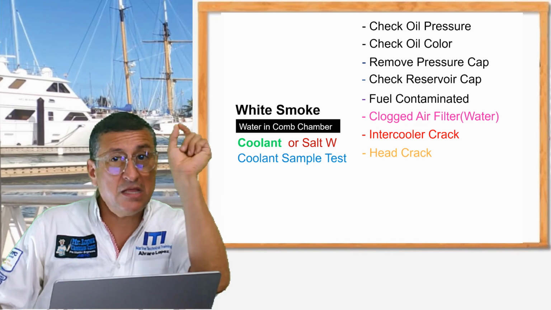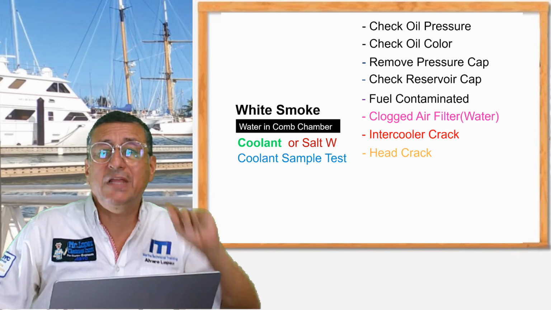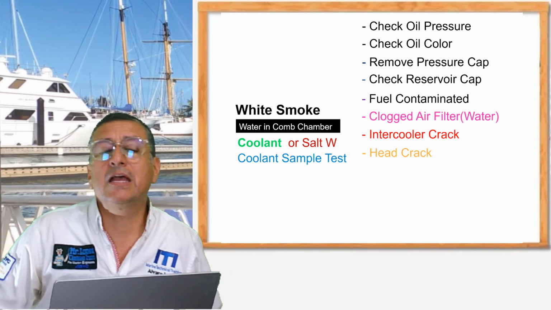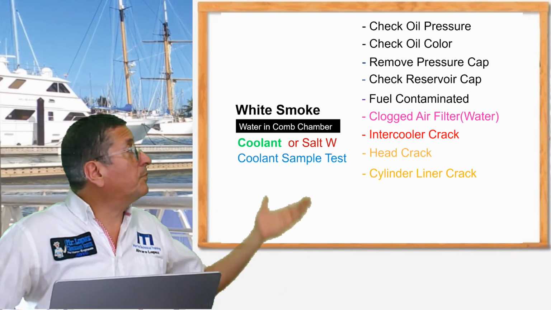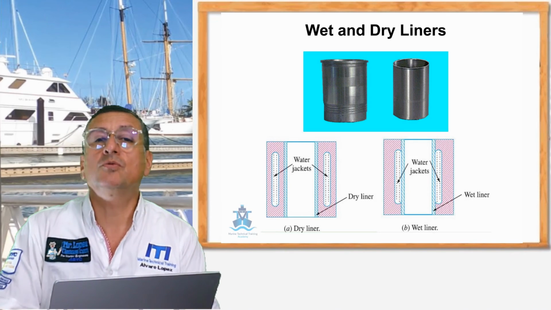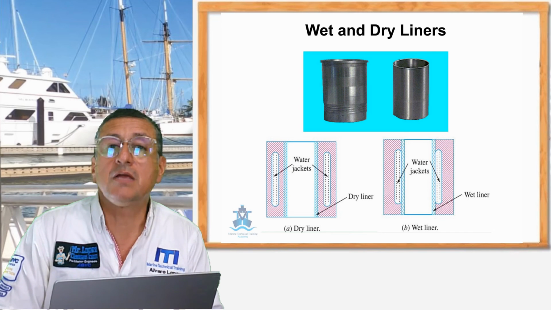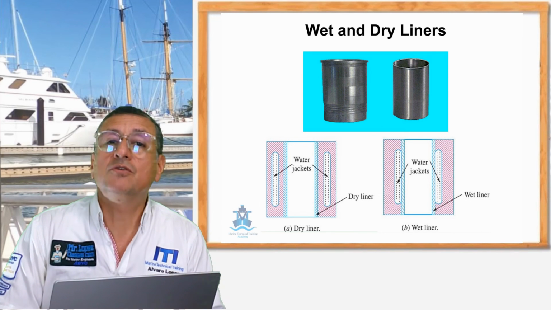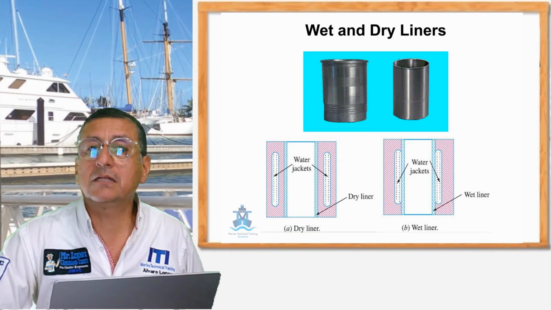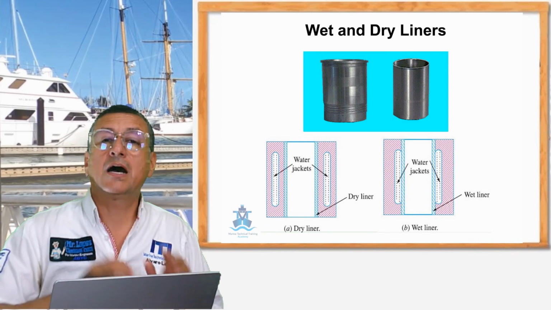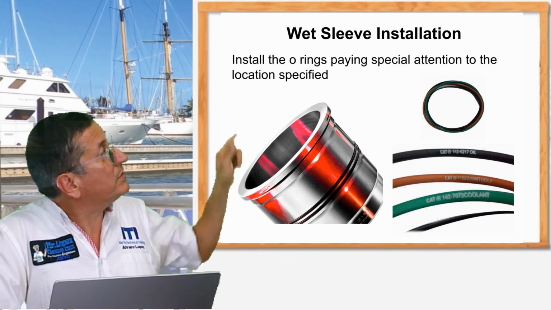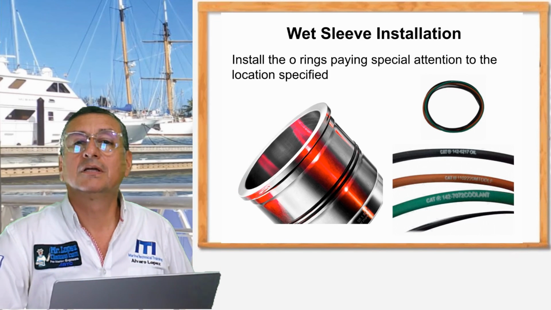The head is cracked, and the cavities where the coolant circulates let the coolant penetrate and enter the combustion chamber. Another possibility is the cylinder liners. You remember that there are two types of liners in inboard marine diesel engines, dry liners and wet liners. You remember that slide? The wet liners are surrounded by coolant, and they have O-rings on top and on the bottom.